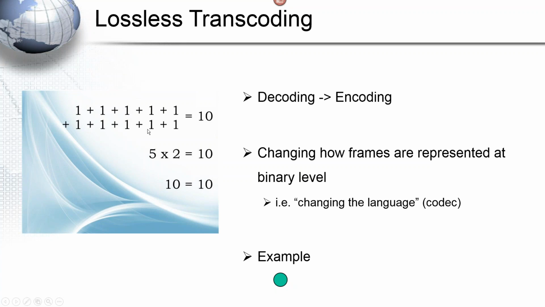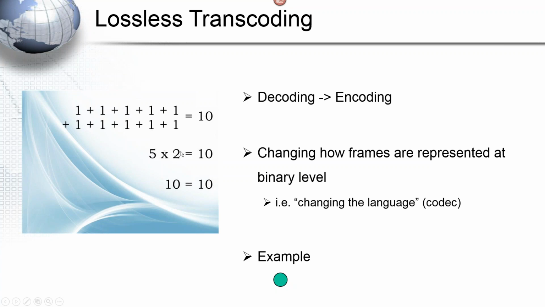So in this analogy, this is basically our file, and this is basically what that file looks like when it's being displayed on screen. To simplify that even further, let's say that this is an image, and this is what the image looks like when it's displayed on screen. So inside of the file, we have a large set of data. When we display that after being decoded, it's going to show a value of 10.